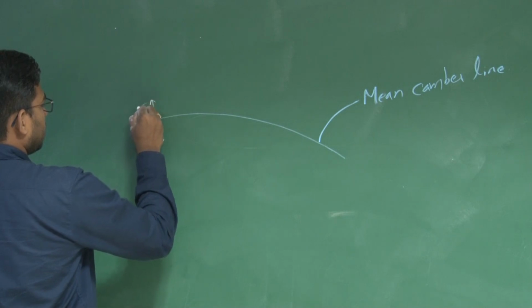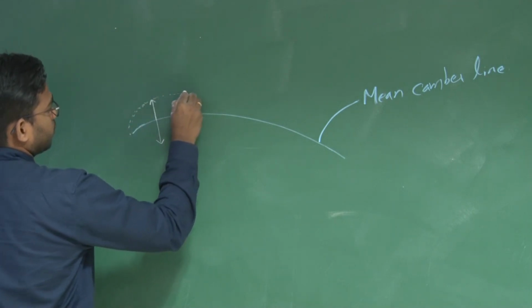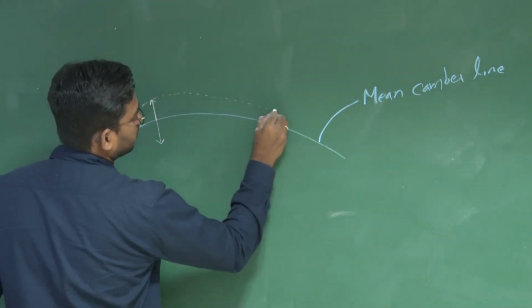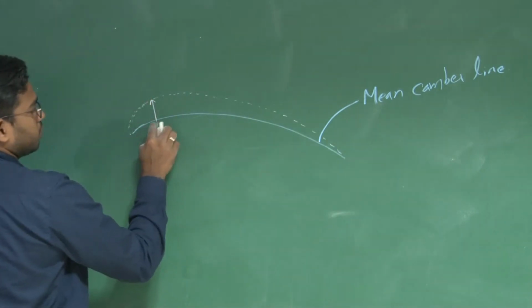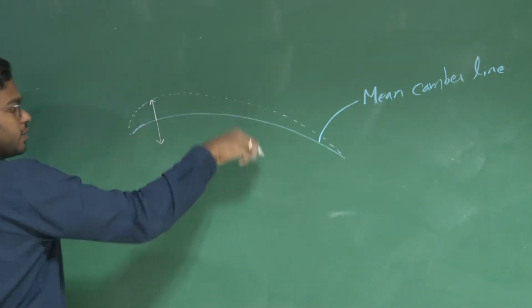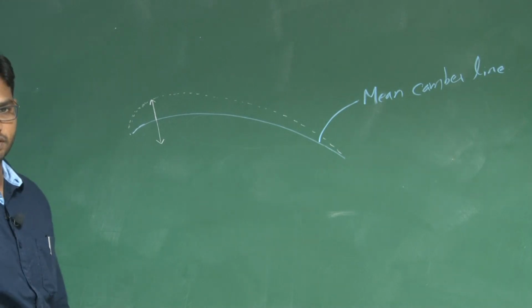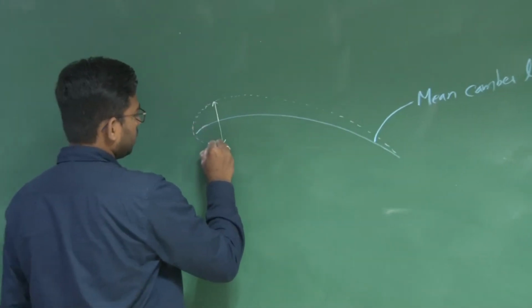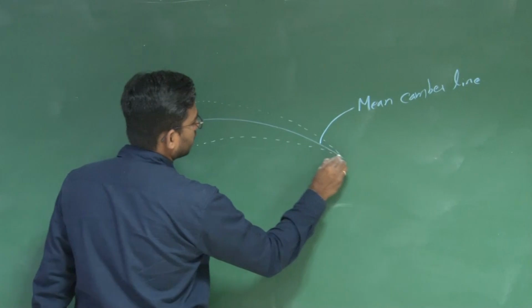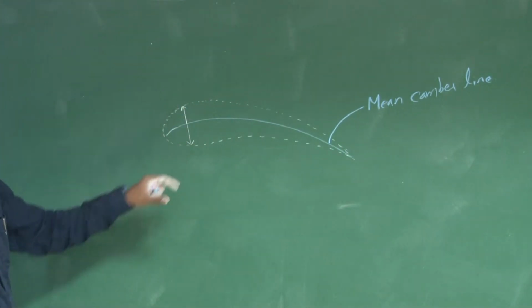Now if I vary the points along this camber line, I will get the thickness distribution. If I have that information, I will be able to plot upper and lower boundaries.